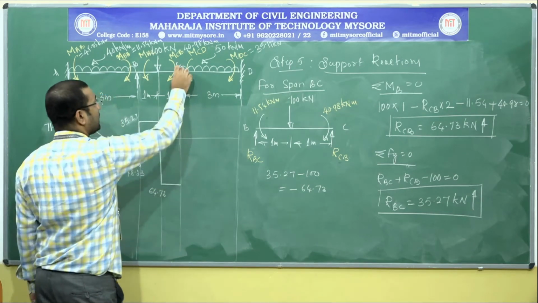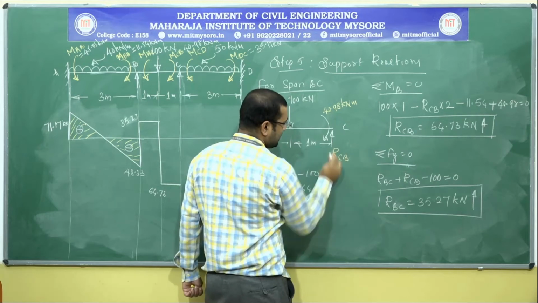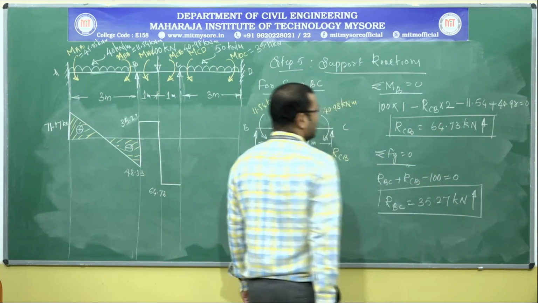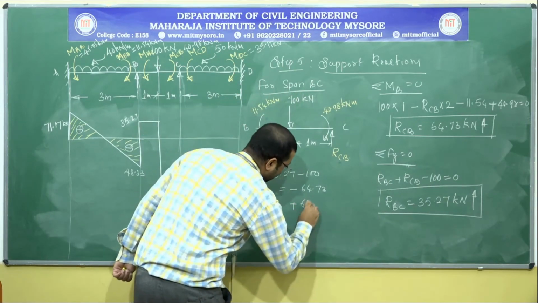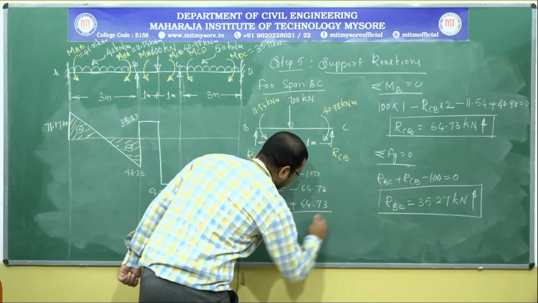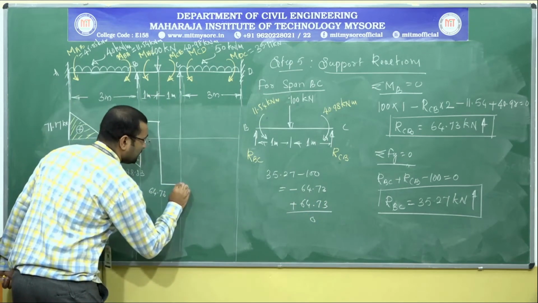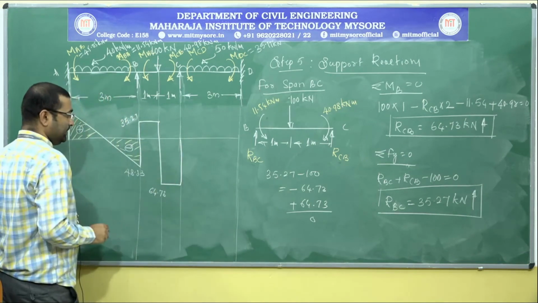Once we reach the C point, we have RCB acting vertically upward. So it is plus 64.73, which yields 0. So here I will extend this line to the 0 point.